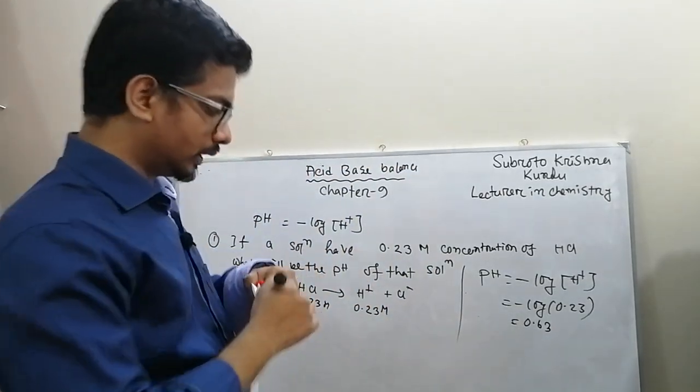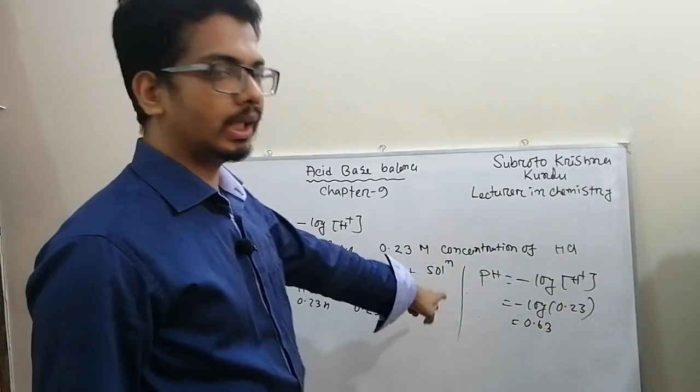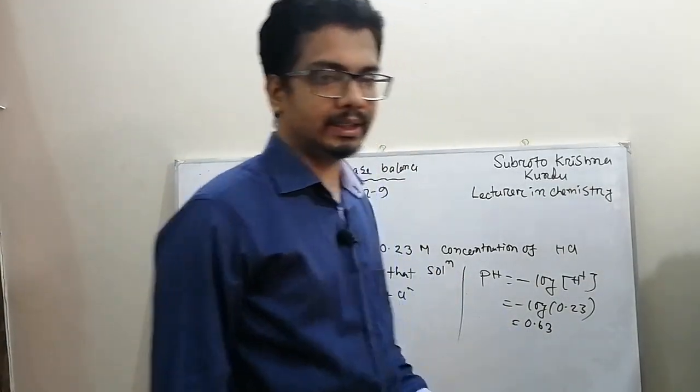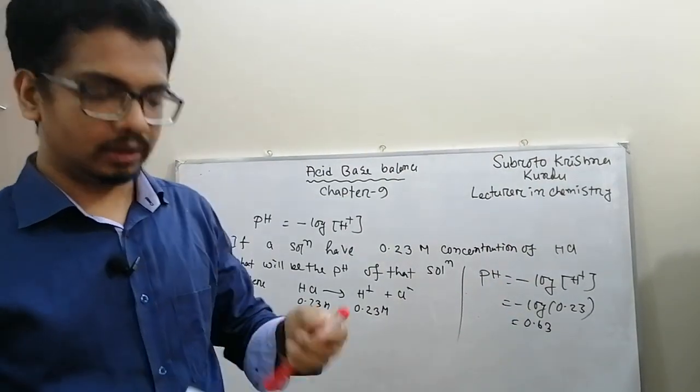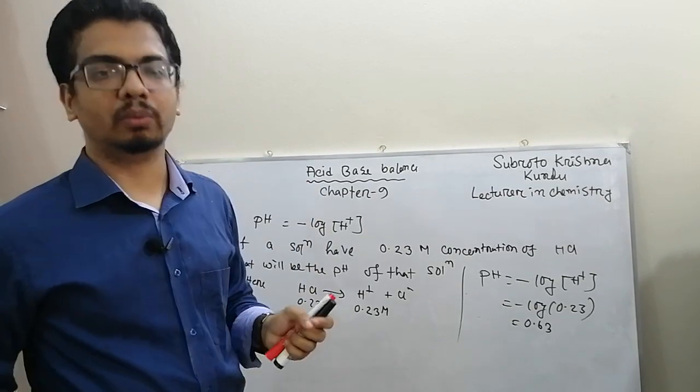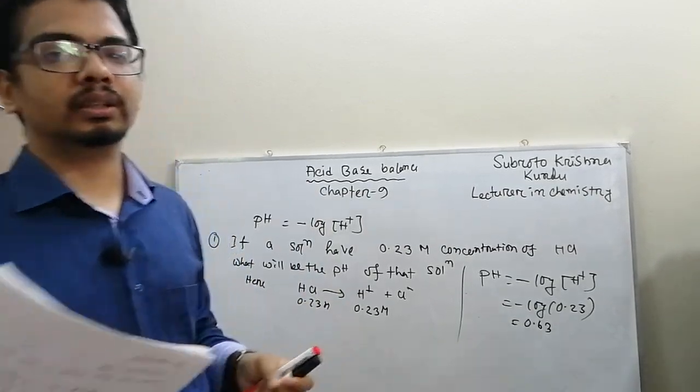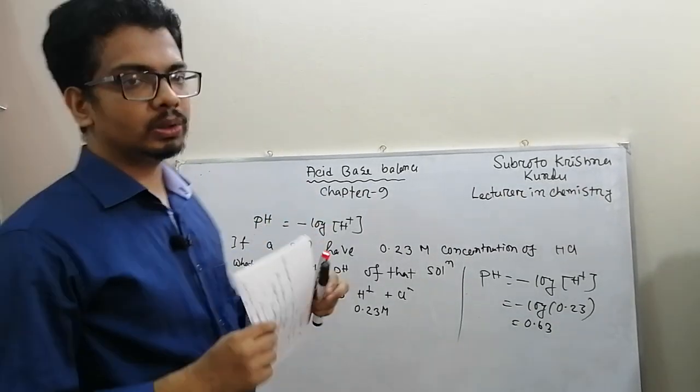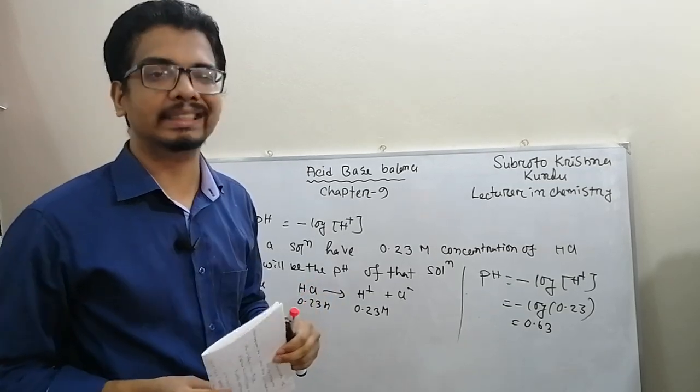There is no unit of pH, so here we write pH equal to 0.63. It is low in value, tending toward 0, that means this is a higher concentration of acid.